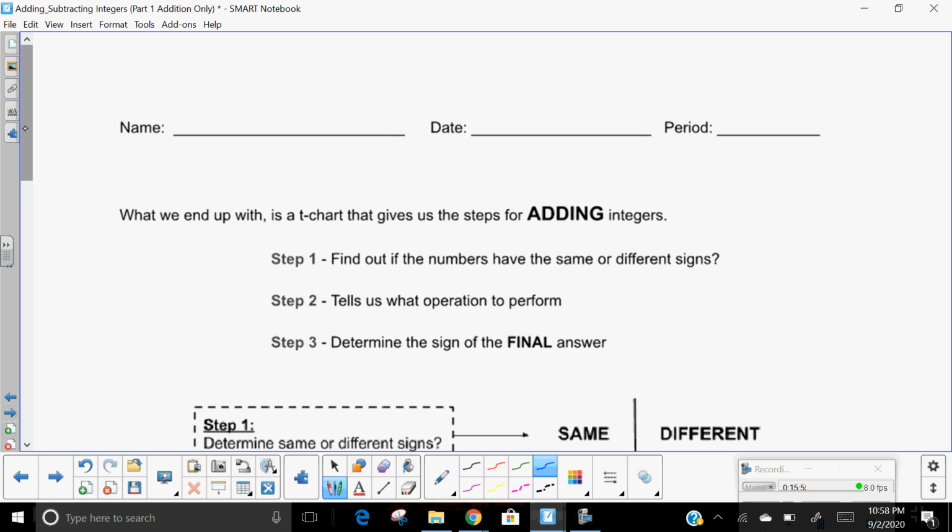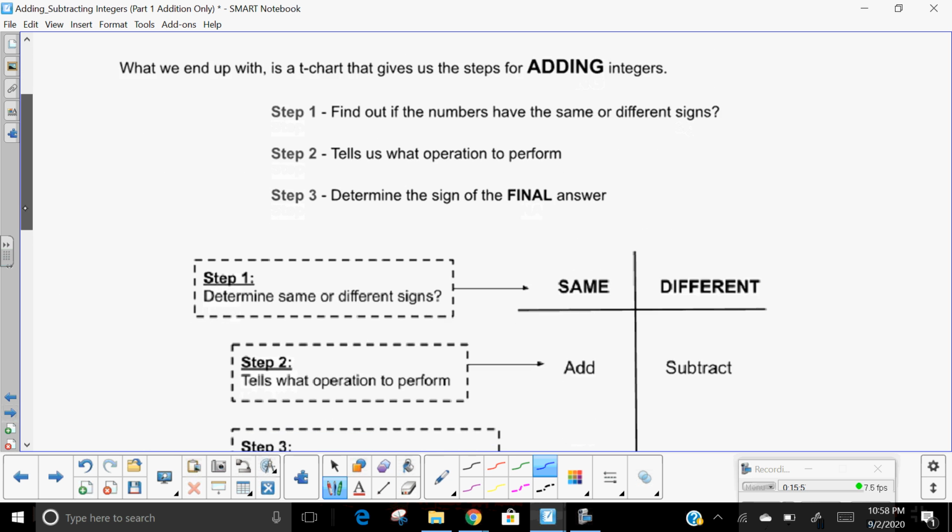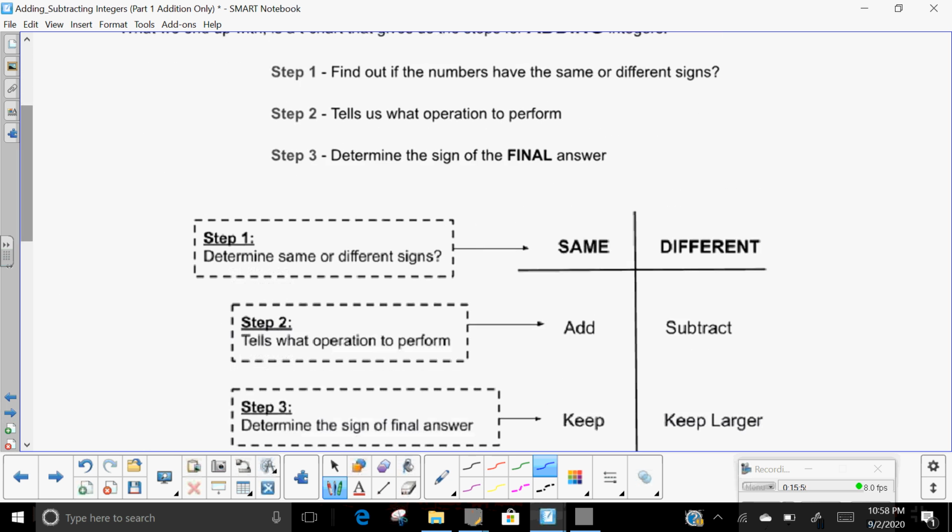So here's an example, a nicely printed out T-table. Now remember, T-chart. Step 1 tells us how to find out if the numbers have the same or different signs. That's what we have to do first. And then step 2 tells us what operation we're going to perform to calculate our final answer.